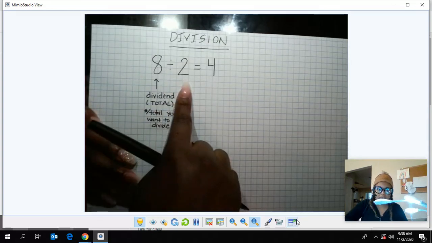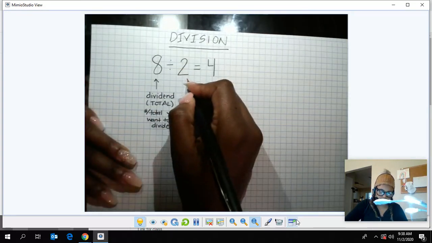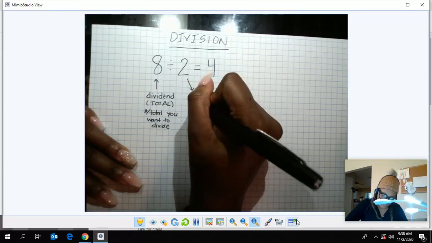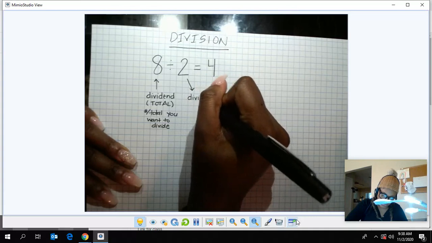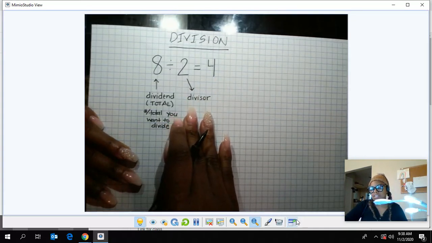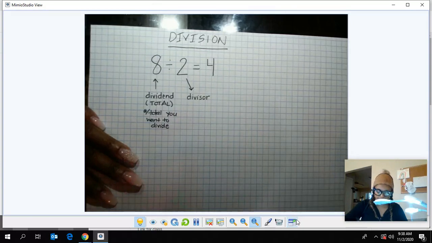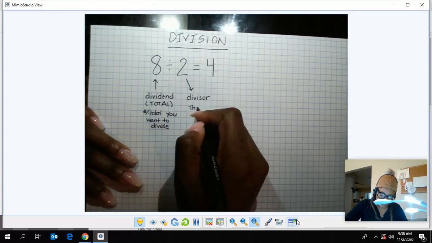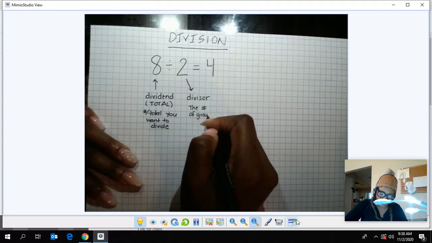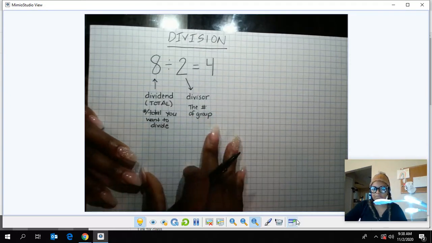The second number is called the divisor. The divisor. And what the divisor tells us is the number of groups. That's what our divisor tells us. Okay?